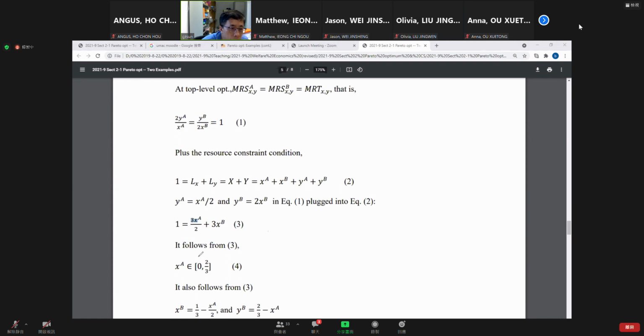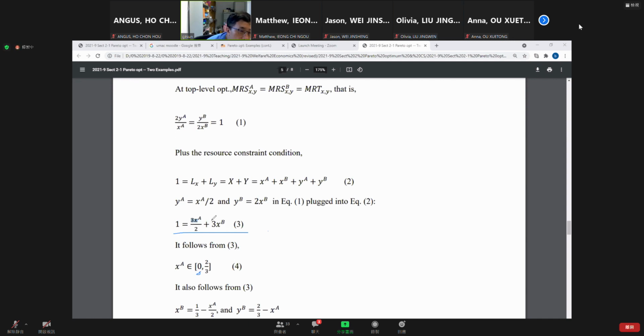So now from this one, we can get 2 important observations. The first observation is how much XA we can have. Clearly, we can give Alice nothing. So therefore, XA could be 0. But the point is how much at maximum we can give to Alice.